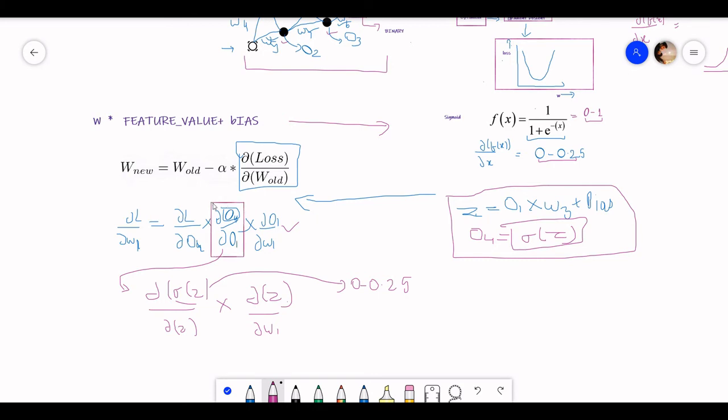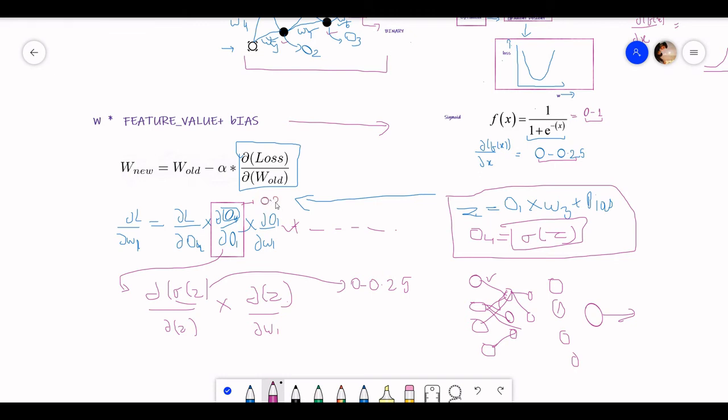So what if we do this in our large neural network? Suppose in our hidden layers we have a maximum number of layers, and this is our output layer. It will connect all the neurons. So suppose we are finding this value. This derivative will become something even smaller.